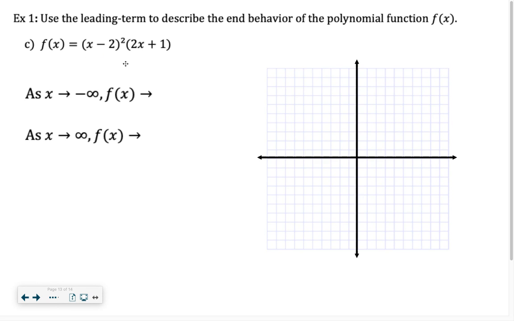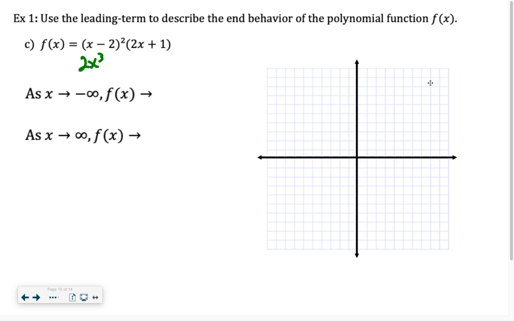In the next two, we have to think about what our leading term would be, right? So we talked about this on the front of the paper. If I take x and square it and then multiply that by 2x, my leading term is going to be 2x cubed. So this is a positive odd degree, right?